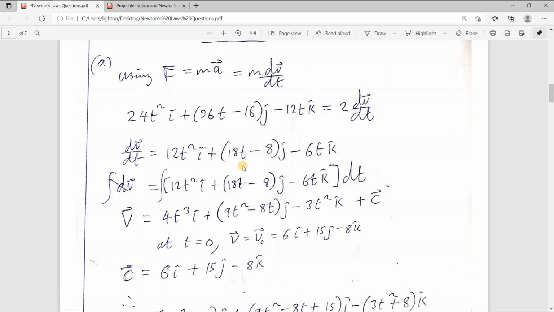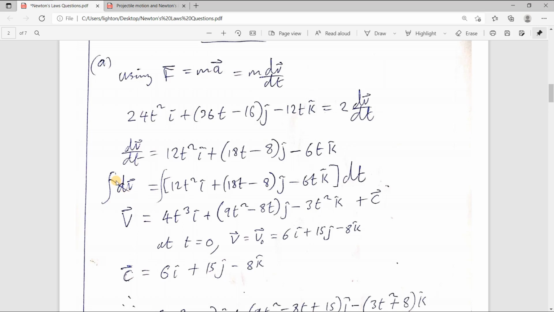We can make this dt cross to this side and multiply with this expression. Doing that, we integrate: the left side is integrated with respect to v, the right side is integrated with respect to t.